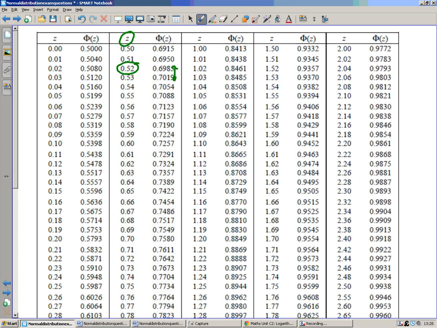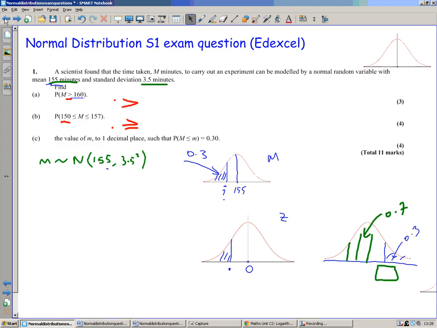You can just go to the closest one, 0.52. But this number we're actually looking for is not 0.52, because any number to the left of the mean of the Z distribution is minus, so it's minus 0.52.